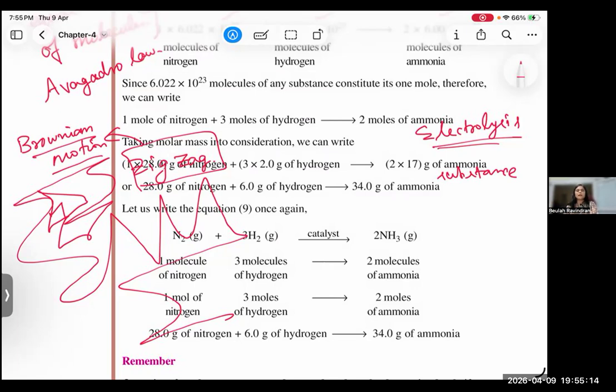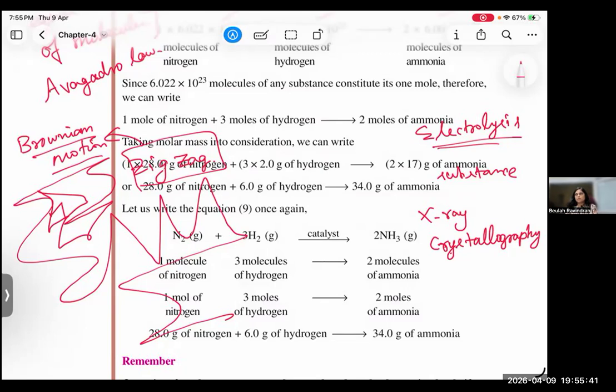And the third one is X-ray crystallography. What is that? It concerns crystals. There are two types of solids: amorphous solids and crystalline solids. An amorphous solid has a random arrangement of atoms. A crystalline solid has a regular, periodic, repetitive arrangement of atoms.